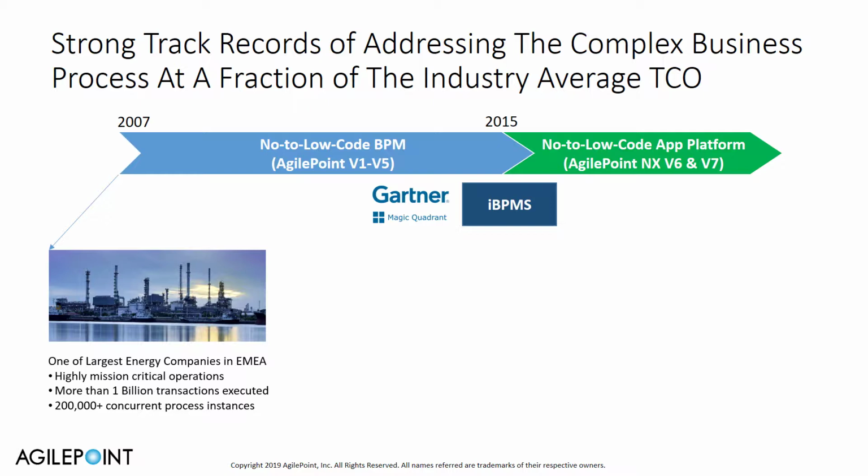They are running mission-critical plant operations and have executed more than 1 billion transactions since becoming an AgilePoint customer. At any given point in time, running 200,000 concurrent instances of their process, demonstrating that not only is AgilePoint capable of handling complexity, but also very large scale.